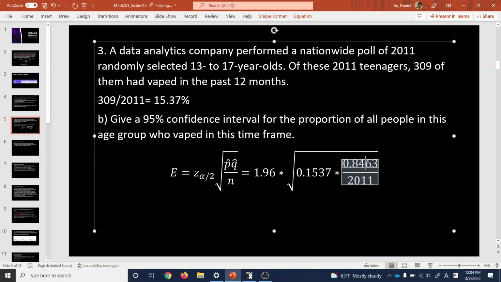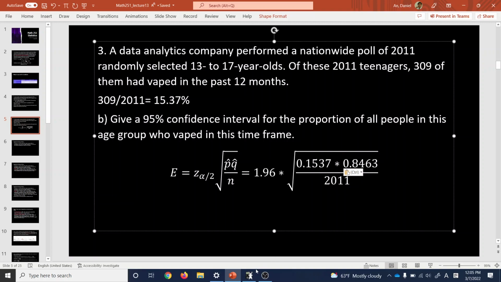You see that q hat is 1 minus p hat, so that's why I put 0.8463. I don't need to show you why I get 1.96 because in the previous lecture, we've already computed the critical value for the 95% confidence level.